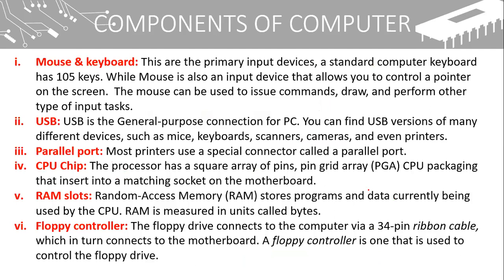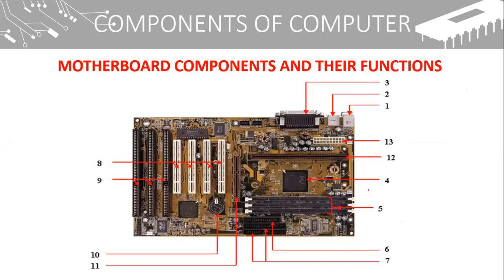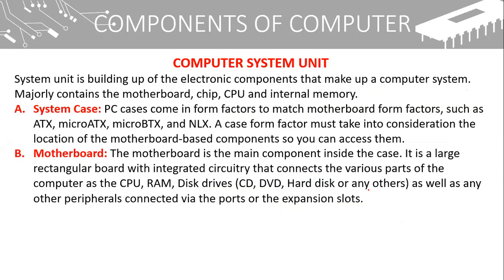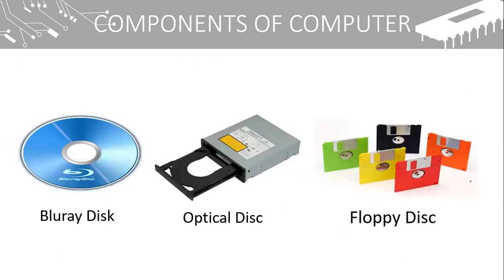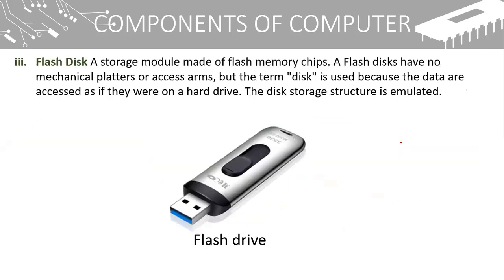The floppy drive connects to the computer via the 34-pin ribbon cable, which in turn connects to the motherboard. A floppy controller is one that is used to control the floppy drive. We explained the floppy drive in our previous class. This is the floppy disk, or you can call it a floppy drive. It is responsible for reading what is here, or that is used to attach to the computer.